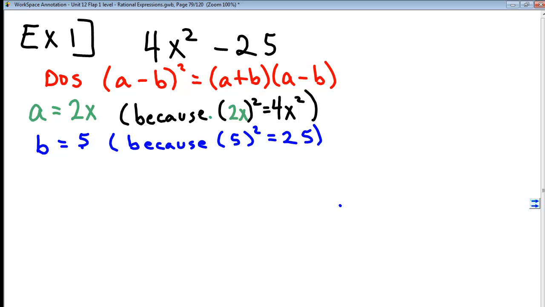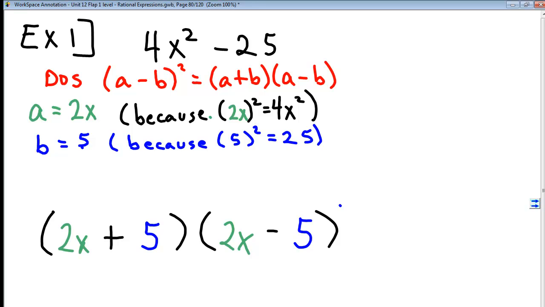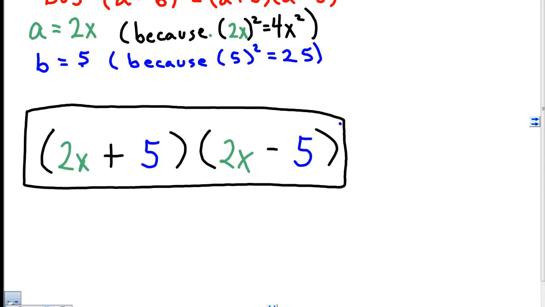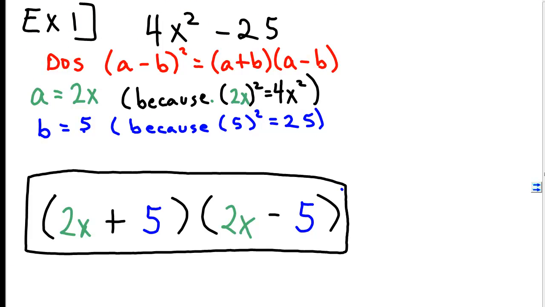A is equal to 2x, because 2x squared equals 4x squared, and b equals 5, because 5 squared is equal to 25. This goes into the formula: 2x plus 5 times 2x minus 5. We are done. We can check by distributing and multiplying through to see if we get what we started with.